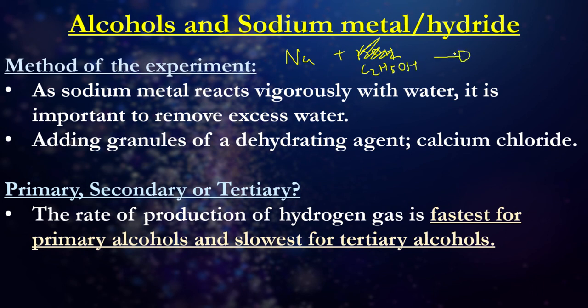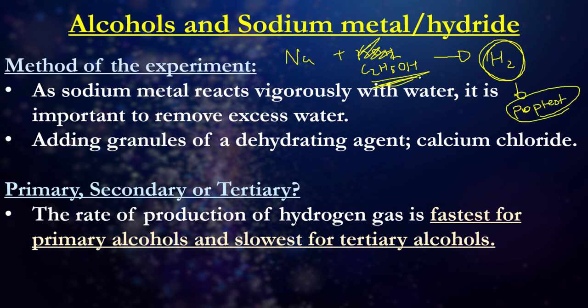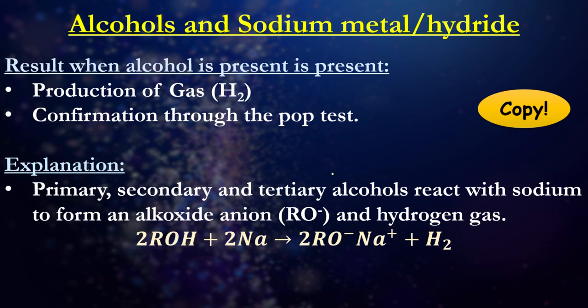A byproduct of that production is hydrogen gas. Now we know that hydrogen gas is highly flammable, so we can actually use the pop test to see if we are dealing with an alcohol there. Okay, so confirmation that we do have H2 gas, then we can use the pop test there.